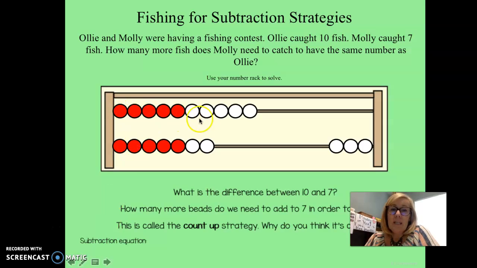Ollie caught 10. Molly caught 7. How many more does Molly need to catch to have the same number as Ollie? What is the difference between 10 and 7?